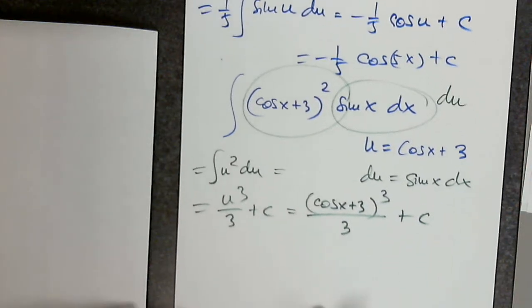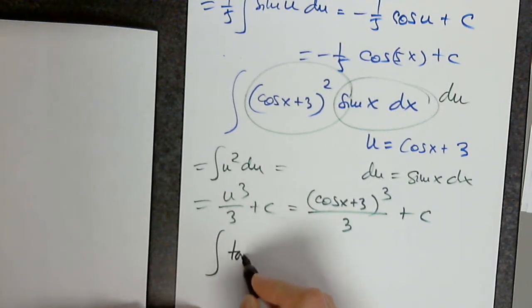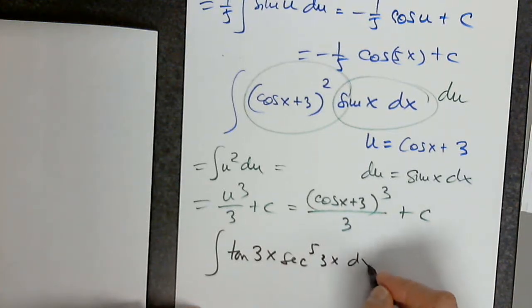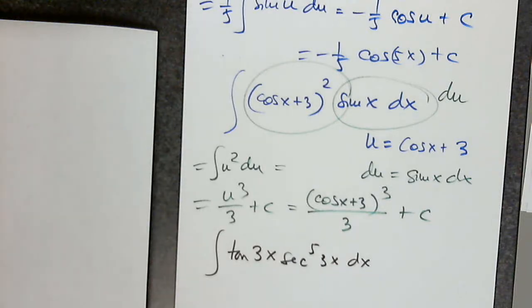Okay, next one. The integral from tangent 3x secant to the 5th 3x dx. This problem has several difficulties. Number one, I don't like the 3x.